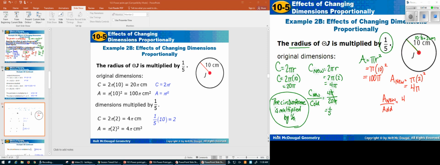So that's 4 pi out of 100 pi. Pi's cancel, and we're left with 1/25. So our answer should be the area is multiplied by 1/25.